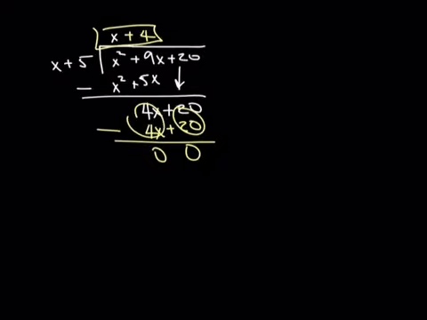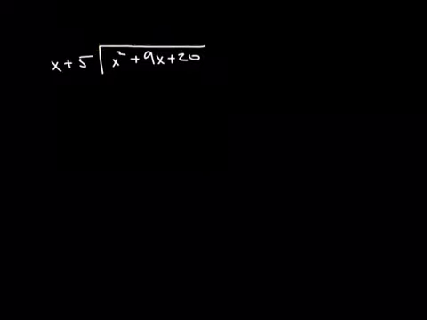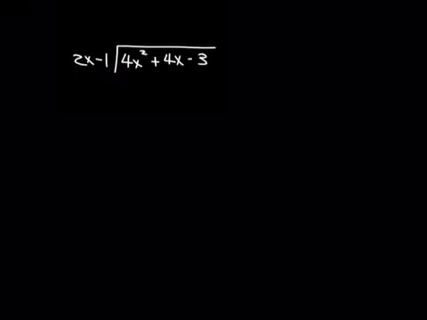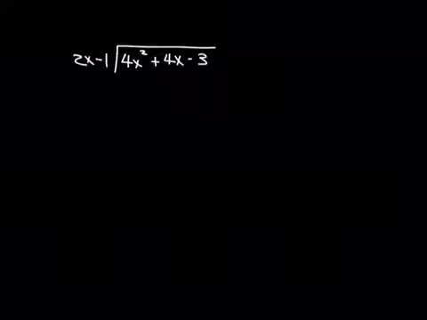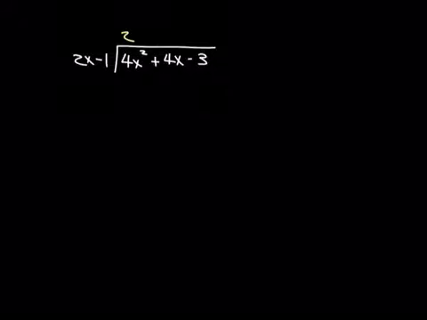We'll try some that get progressively harder here, but we'll try not to make it too bad. This is number 48, and let's give this a shot. 2x goes into 4x squared. Well, 2 goes into 4 two times, right?